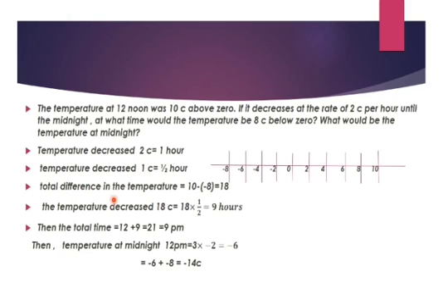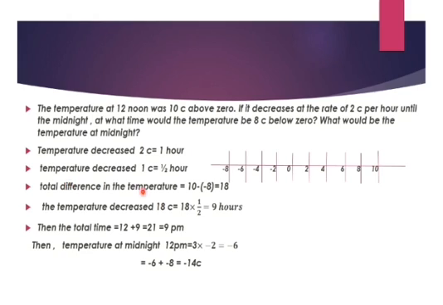Then the total difference in the temperature. In the first case, at what time would the temperature be 8 degrees Celsius below 0? At first, at 12 noon, the temperature was above 0, 10 degrees Celsius. Okay, then the second case, 8 degrees Celsius below 0. Below 0 is represented as minus 8. Then the total difference in the temperature, 10 minus minus 8.